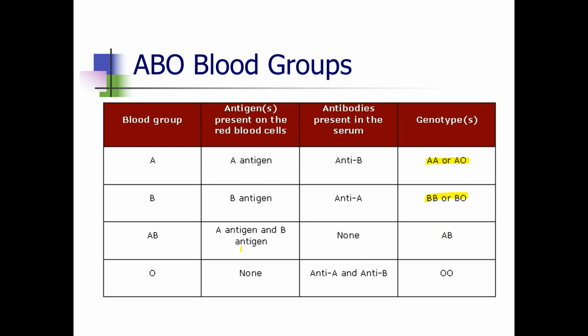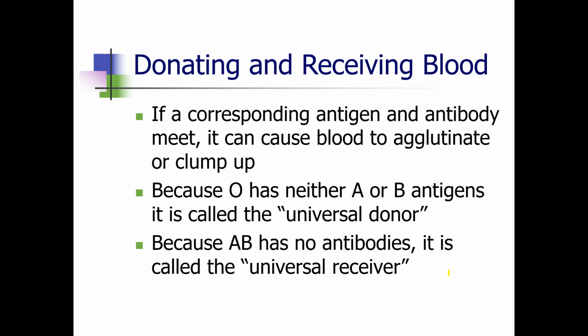You have both antigens, and so you would not produce any antibodies. And then if you are type O, you have neither antigen, but you would produce antibodies to both. And the only way to get O is to have two O alleles. The only way to get AB is to have one A and one B. And we'll look at that further when we do blood Punnett squares.